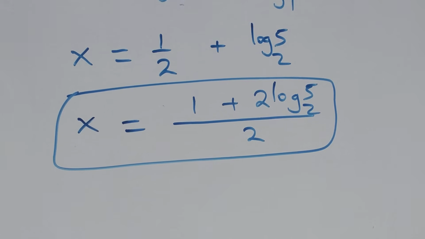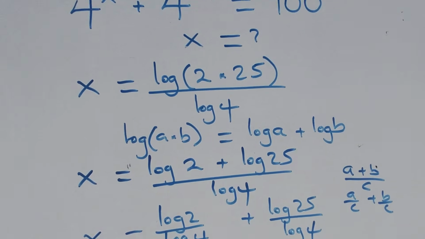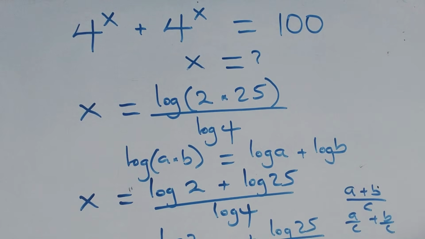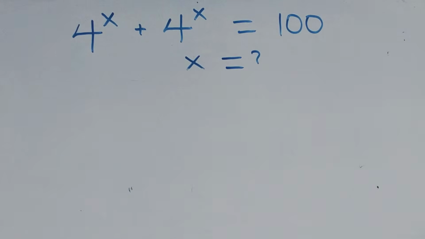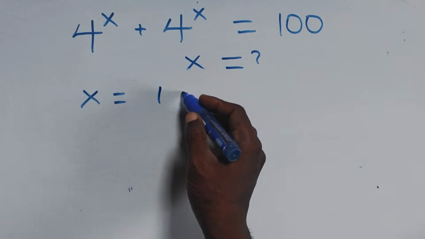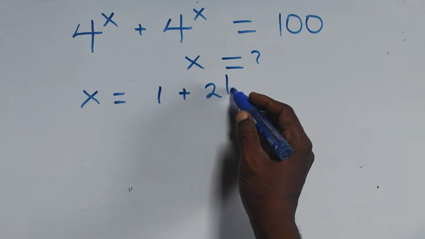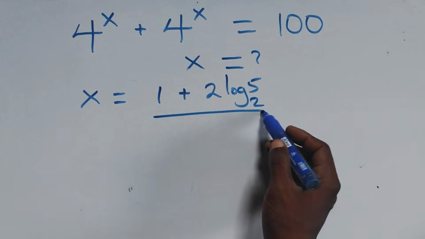Then we check here if this satisfies this given problem. We substitute the value of x here, which is x equals 1 plus 2 log 5 base 2 all over 2.